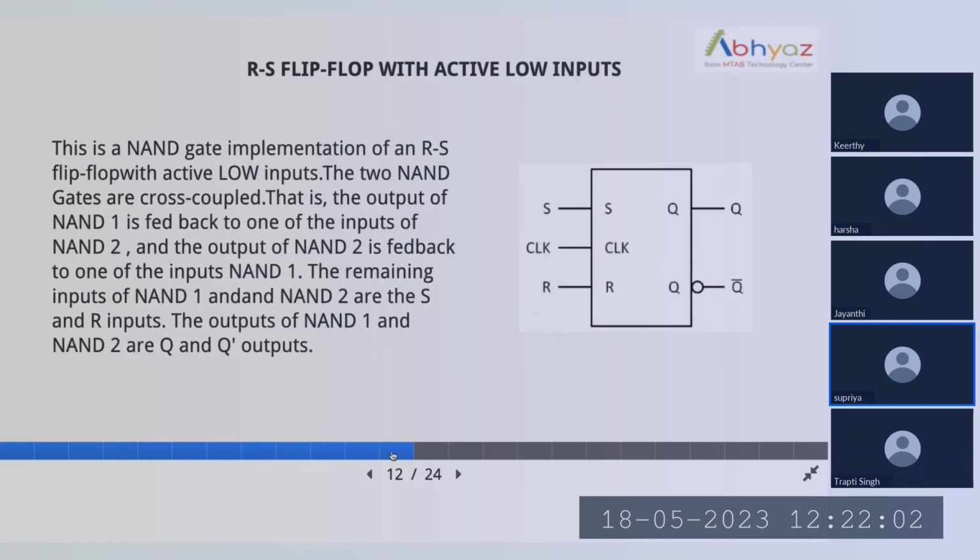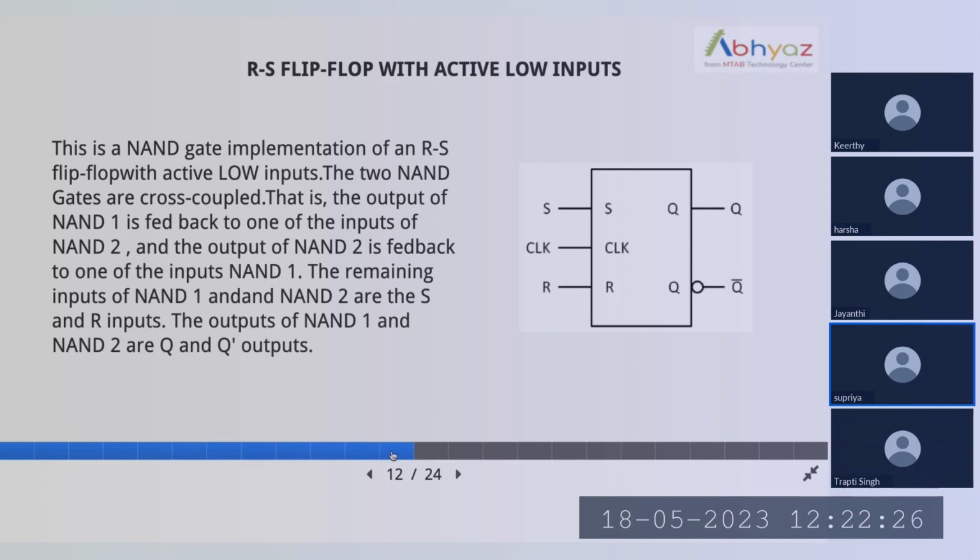As we need to understand, the clock is generated and the clock is also given as high, that is edge triggered, positive edge or negative edge, that means high or low we can give. We can implement it through universal gates such as NAND or NOR gate implementation, which will help with the active low inputs.